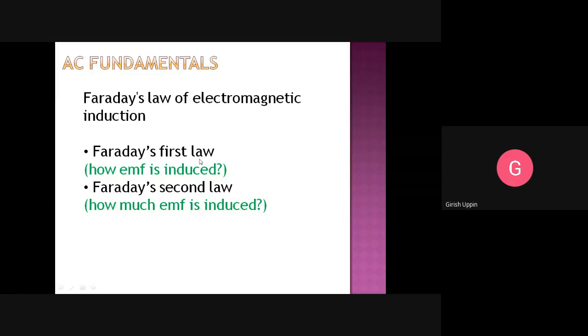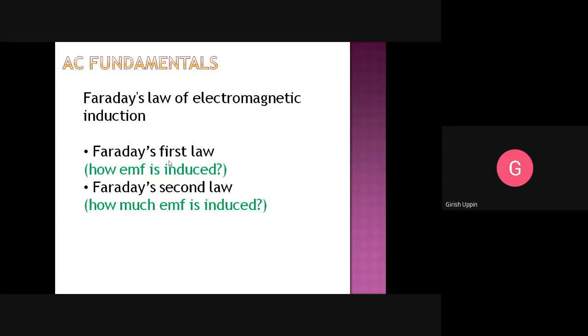It tells us how EMF is induced. It states that whenever the flux linked with a coil or a conductor changes, an EMF is induced in that particular conductor or coil.